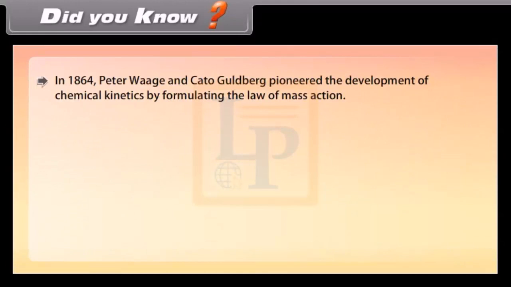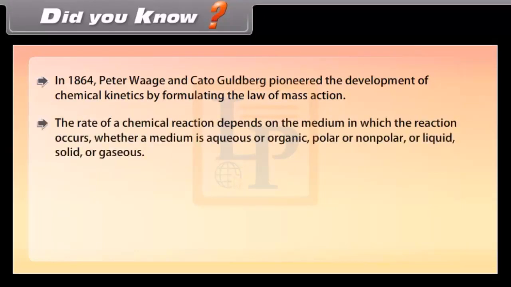Did you know? In 1864, Peter Waage and Cato Guldberg pioneered the development of chemical kinetics by formulating the law of mass action. The rate of a chemical reaction depends on the medium in which the reaction occurs, whether a medium is aqueous or organic, polar or non-polar, or liquid, solid, or gaseous.